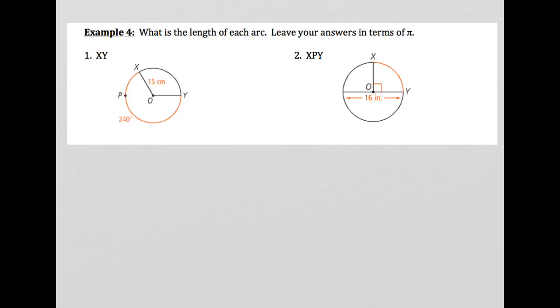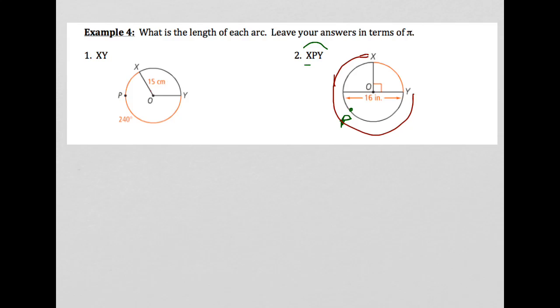So in this example we are trying to figure out, and I apologize, there should be a letter P there, point P on the circle. That one didn't make much sense without that, so we'll put the P there, somewhere around there, and our goal is to figure out the length of XPY.